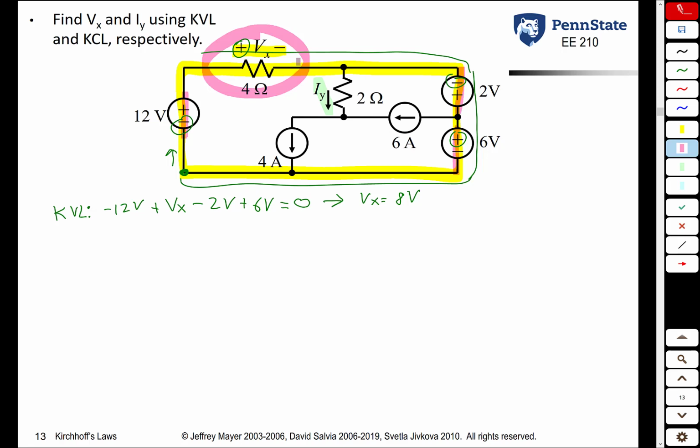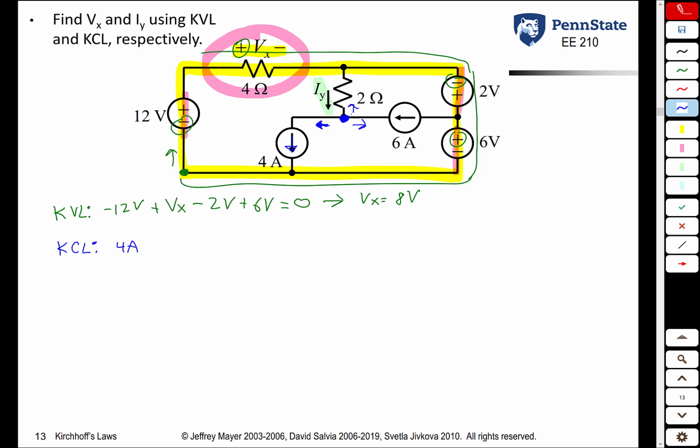Let's say we want to find the current Iy. To find currents, you typically want to use Kirchhoff's Current Law. Let's find a node, and here's a logical node. All the currents leaving that node have to sum to 0. Using KCL, the current to the left, the 4 amp source, has an arrow going in the same direction, so it's 4 amps.